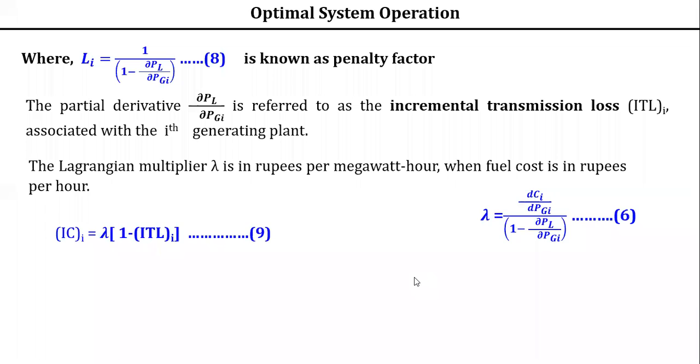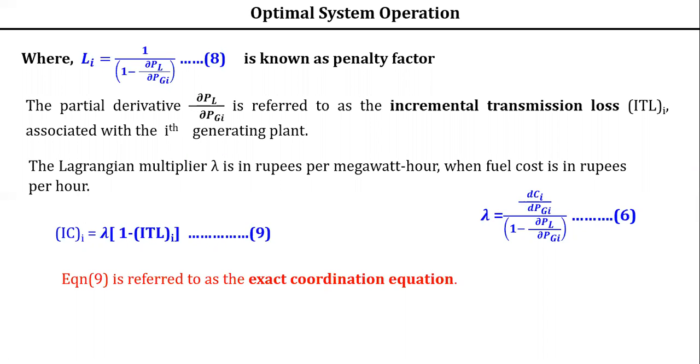Based on this, we derived equation 9, which is known as the exact coordination equation. Most students commit a mistake in tests and examinations whenever this question is asked: derive or obtain the exact coordination equation. That means you get the exact coordination equation when you consider the transmission losses. That is equation 9. Understood?